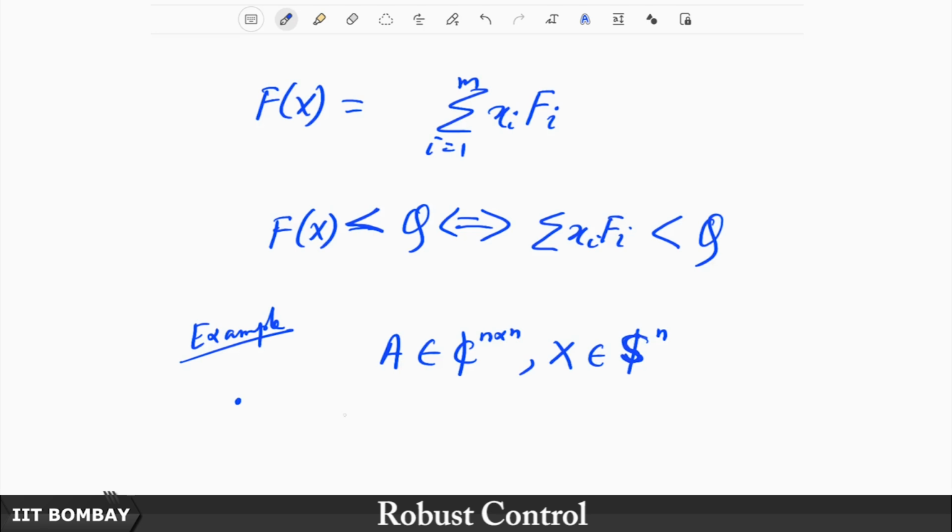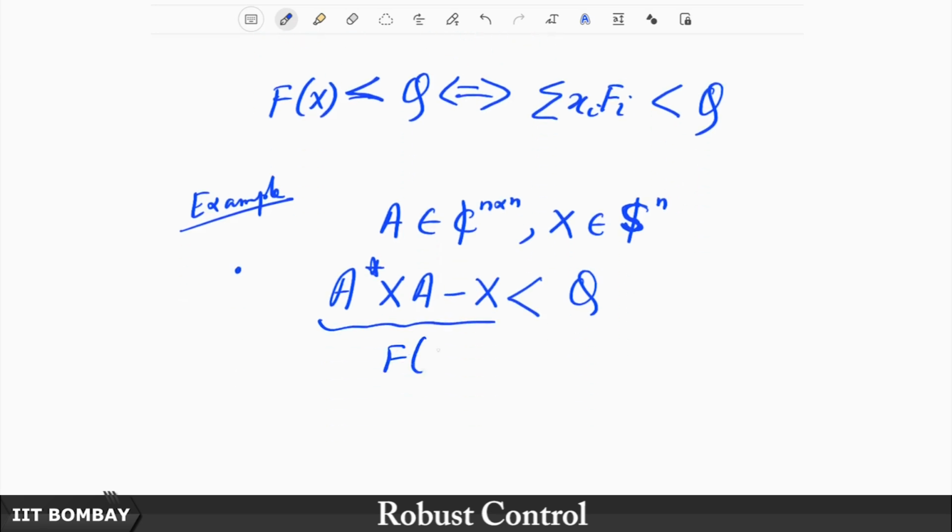So, then suppose we describe this A Hermitian X A minus X less than Q. This is an LMI. I urge you to check, take this as an exercise and check that this is indeed an LMI, where of course this is your f of x.